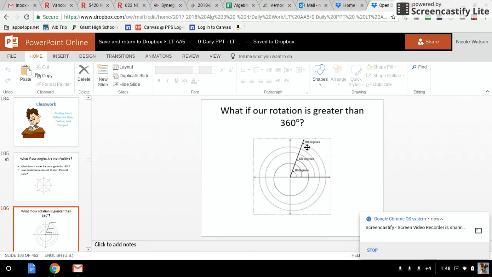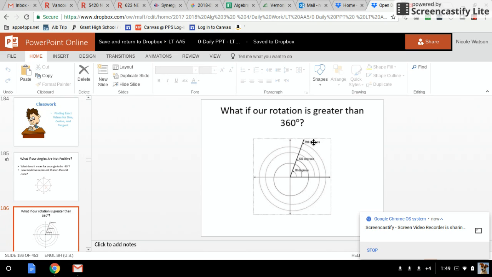What if I have 790? That is more than 360, so what I'm going to do is divide it by 360, okay? And it's 2.194, so it's a little over two rotations. I know that one rotation is 360 and two rotations is 720.